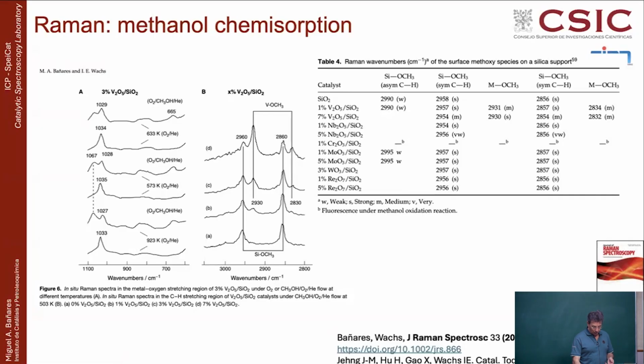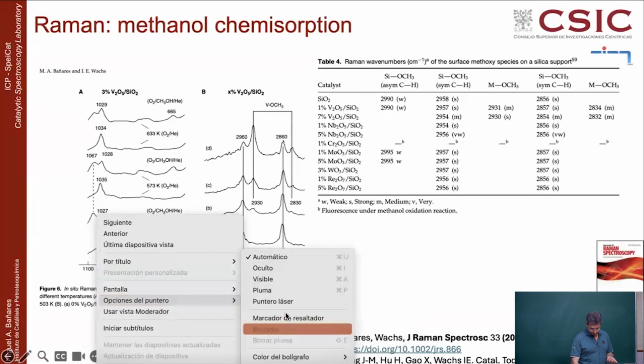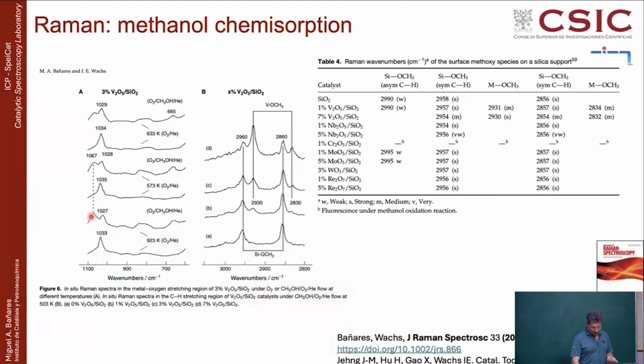But when you start to flow methanol, what you will observe is the onset of a new band at about 1030. That corresponds to the vanadium oxygen carbon bond. That's a characteristic of alkoxide groups. It happens with methanol, with ethanol, with hydrocarbons.